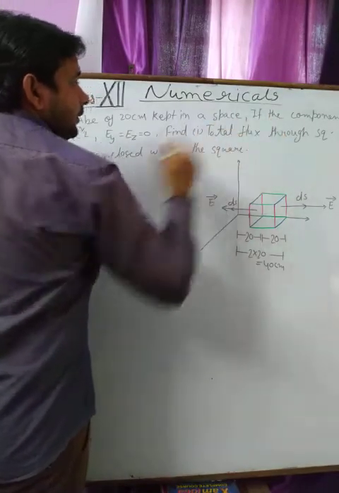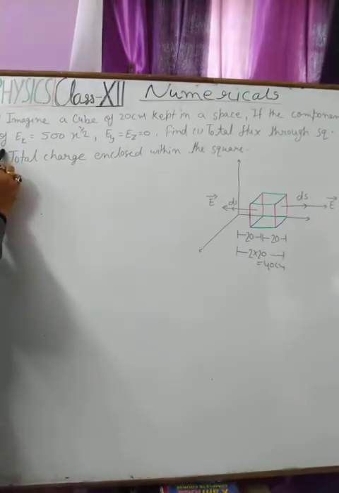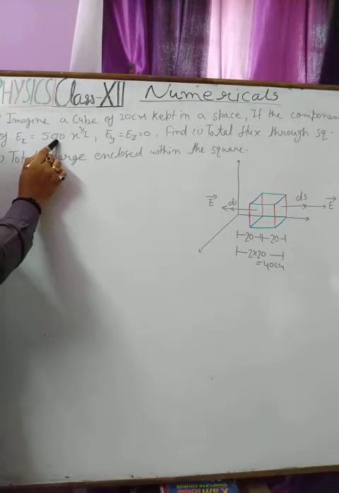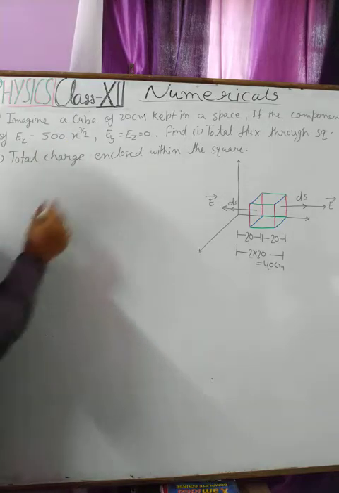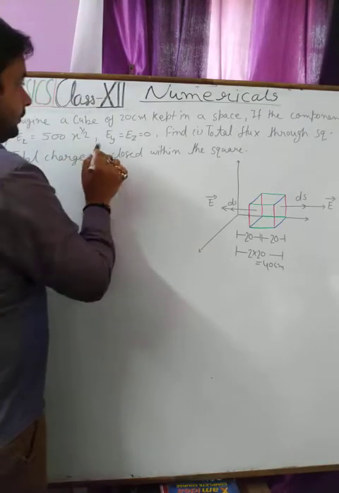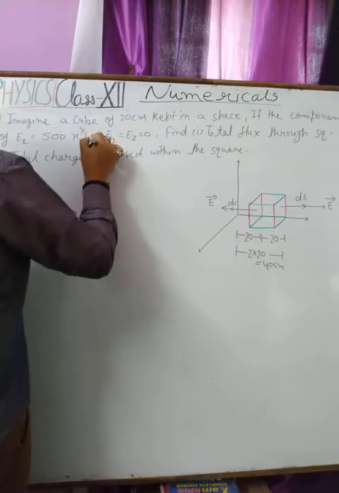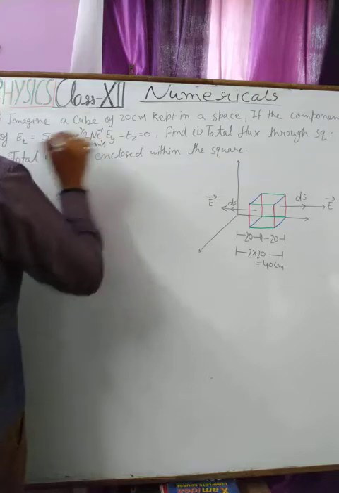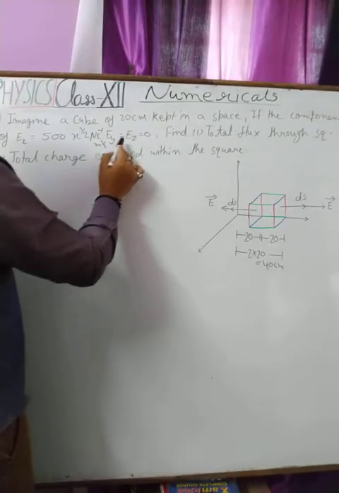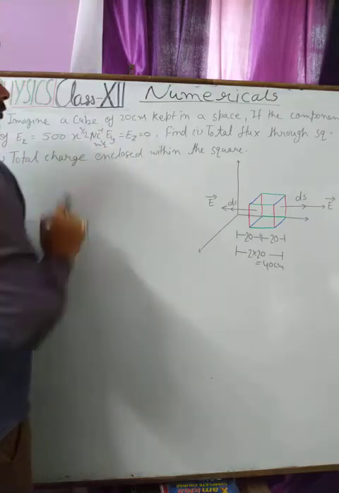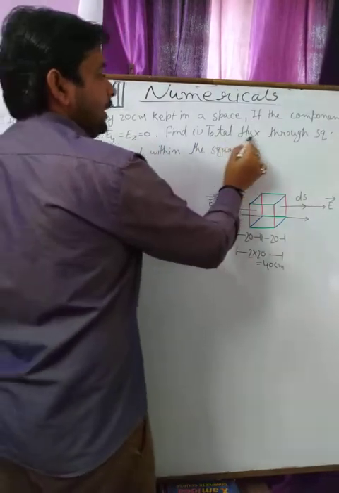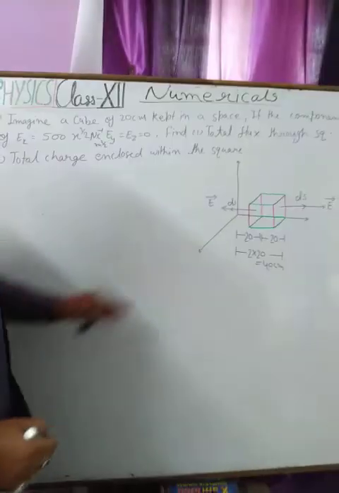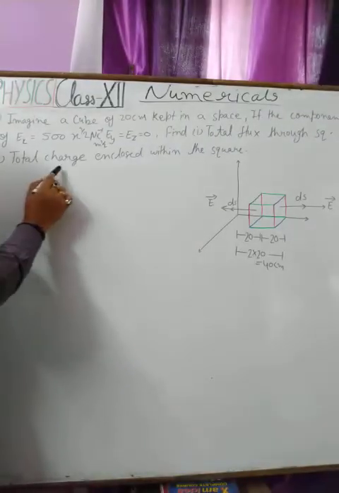If the components of electric field are Ex equal to 500 x to the power half Newton per coulomb meter to the power half, and Ey equal to Ez equal to 0, then we need to calculate the total flux through the cube shown in the figure and the total charge enclosed within it.